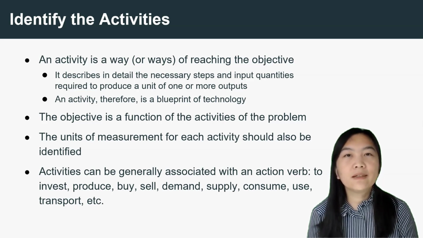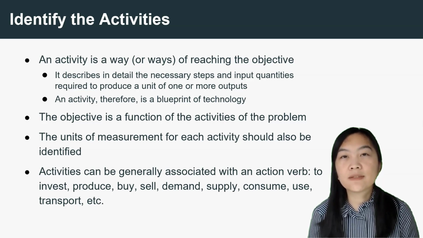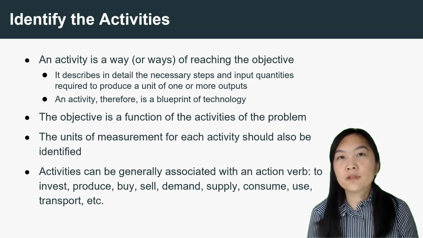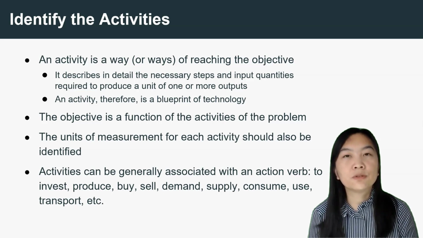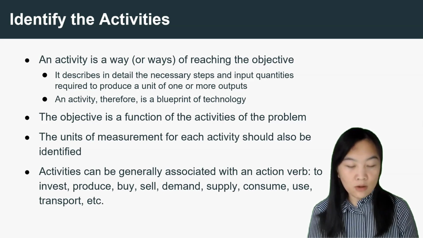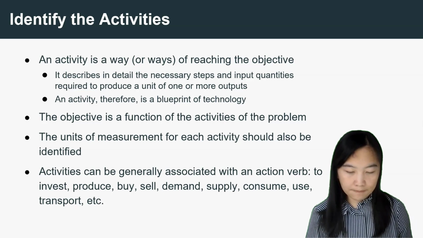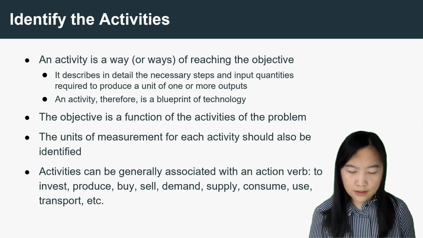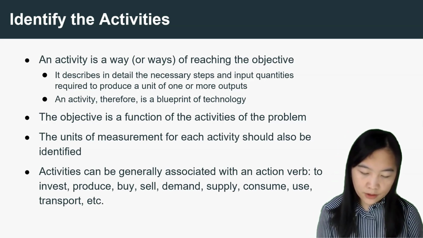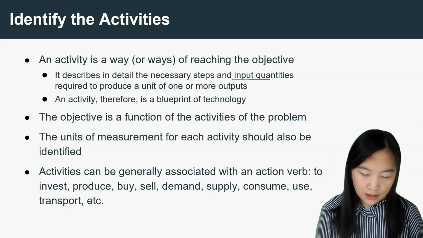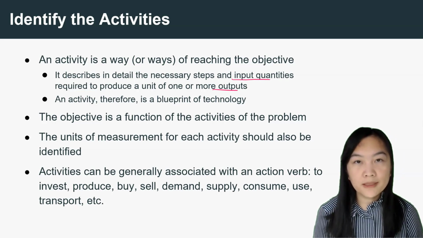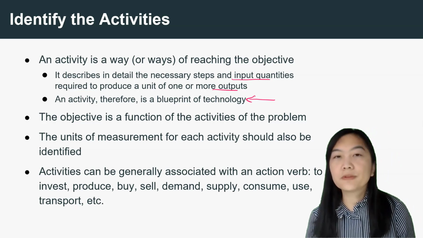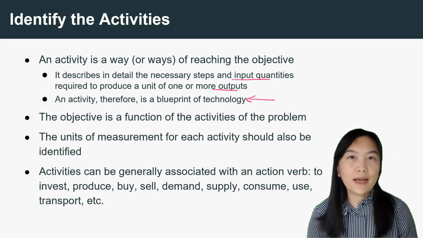The activities or decision variables, as you have already seen in previous lectures, are the amount of input to use or the amount of output to produce. Basically an activity is a blueprint of the technologies.